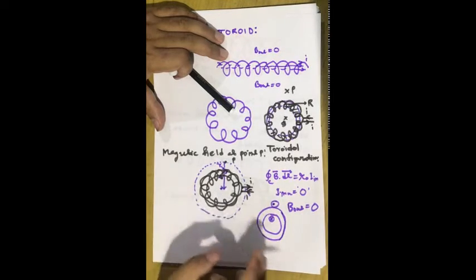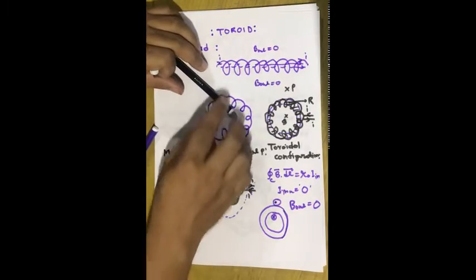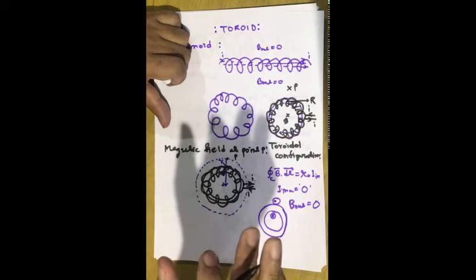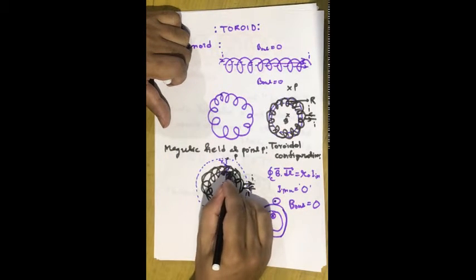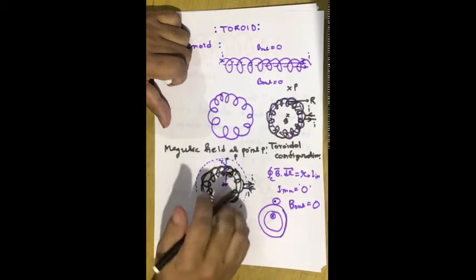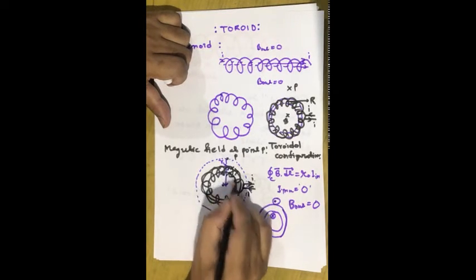Okay, so we can think of it in another way also. For example, if we consider a particular current loop, at this point it seems like current is going outside from the toroid, and at this point it seems like the current is entering into the toroid. A similar condition exists for this point and this point also.